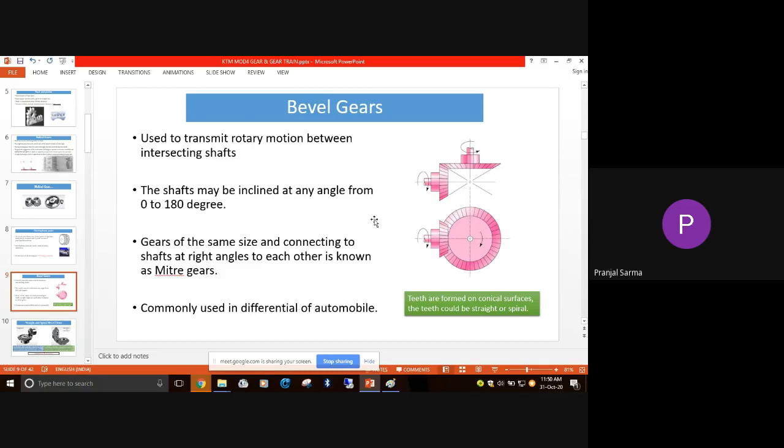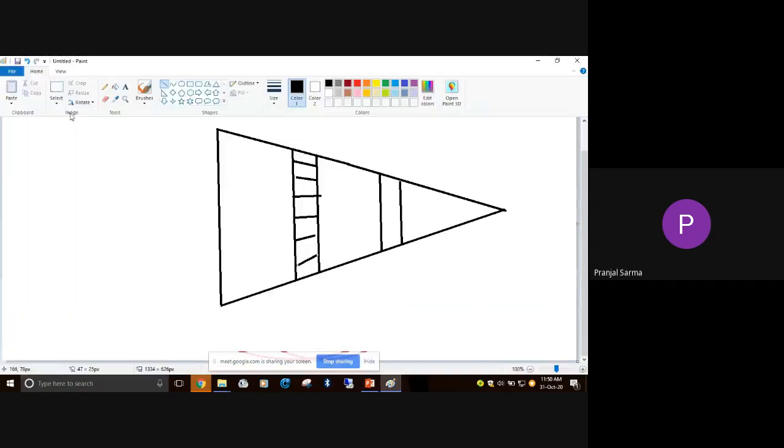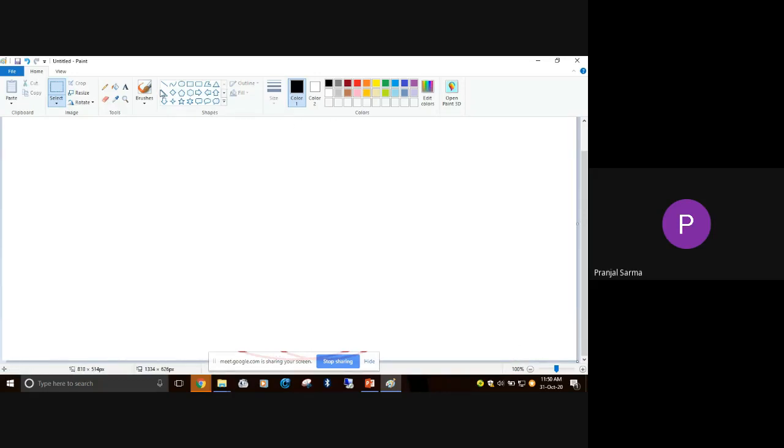So what is the use of this differential? We already know that from the engine side we have the power transmission, and from the engine to the propeller shaft, the shaft is rotating, coming from the engine side.